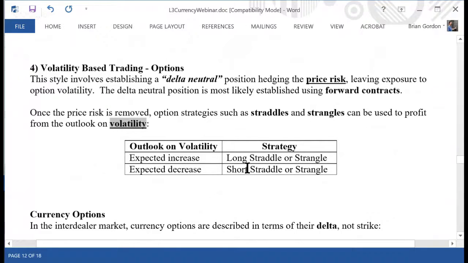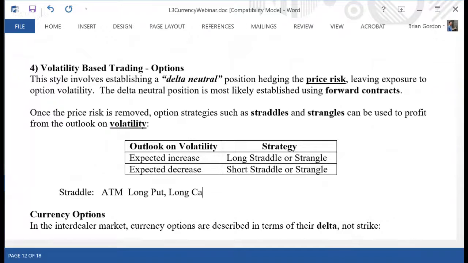Straddles or strangles. Okay? And so, just remember that a straddle is a combination. It's at the money, where we are long a put option and we are long a call option on the currency pair.